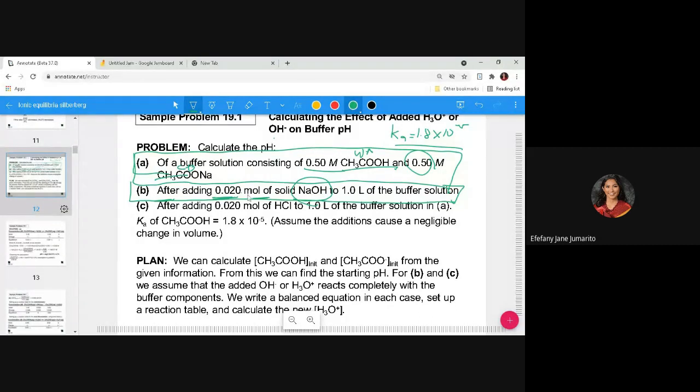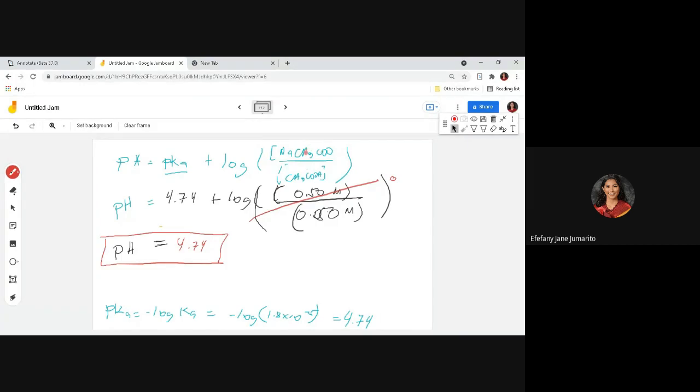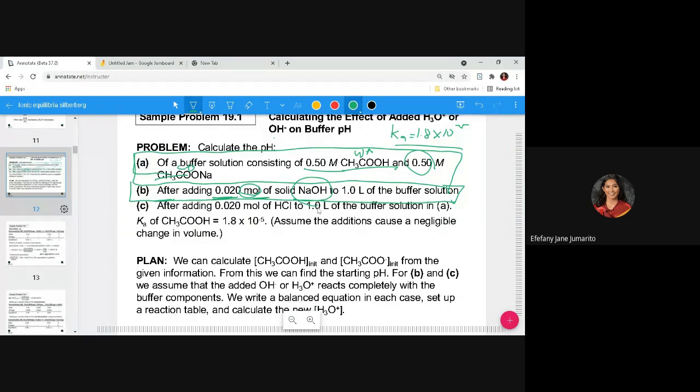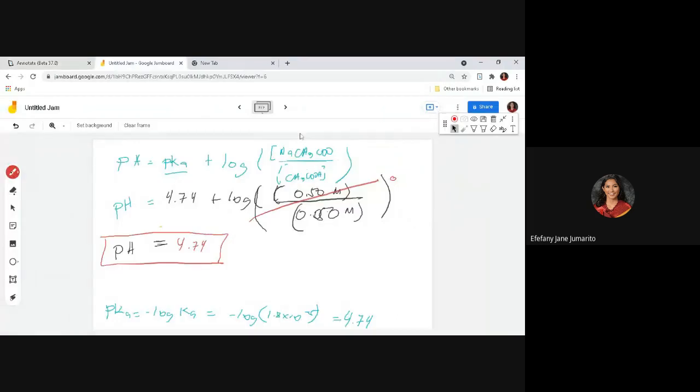We know that we use concentration, moles per liter, so we will use 1.0 liter. What's the concentration of your sodium hydroxide? 0.020 moles per liter, ma'am. How did you get that? Divide 0.020 by 1.0.